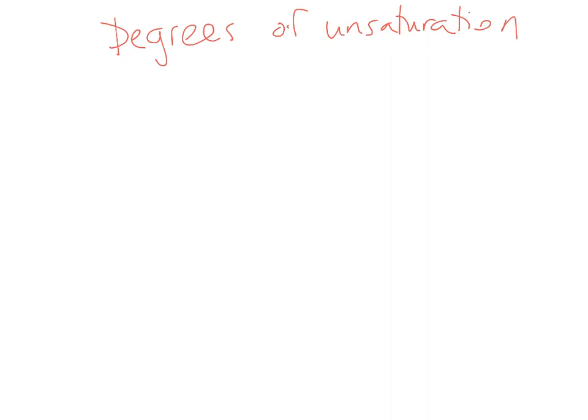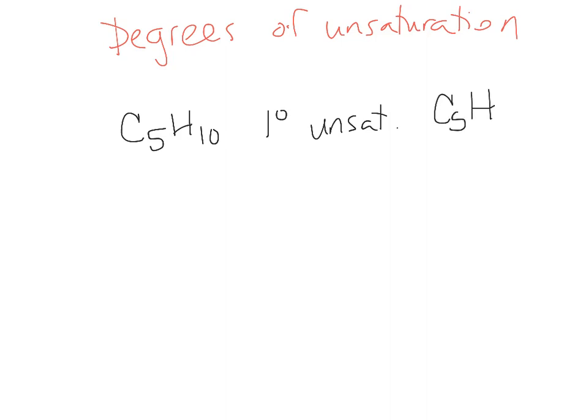The other thing you can find out from hydrogenation is degrees of unsaturation. So if I have a molecule and I know what the formula is, and I know that it is C5H10, we know there's 1 degree of unsaturation because if it was a totally saturated alkane, it would be C5H12, right?